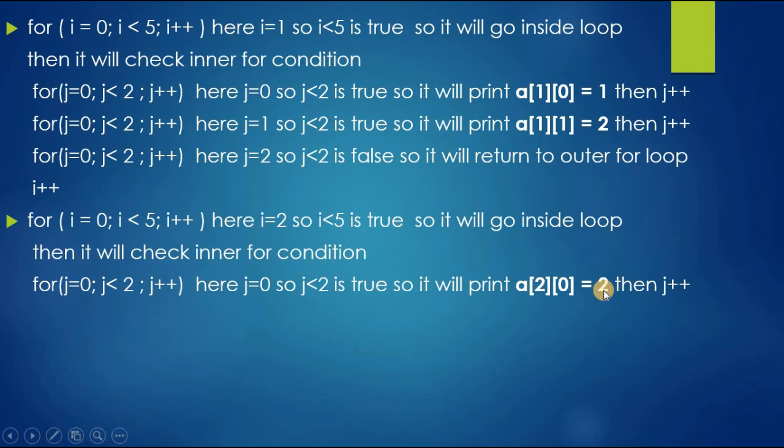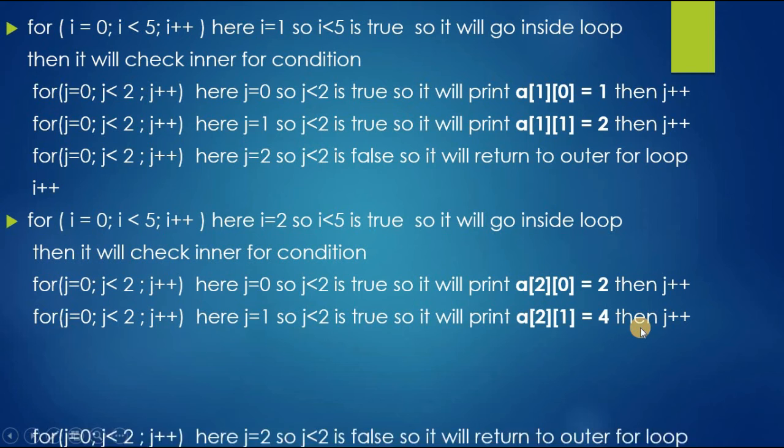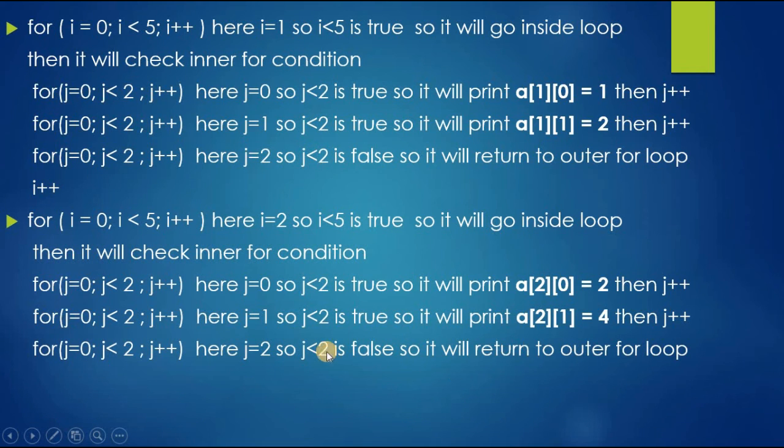So it will print 2 and then j will be incremented like that. The condition is true here, then at a[i][j], meaning the second row and first column, we got the value 4, so it will print 4 and j will be incremented. Then it will check the condition, which is false, so it will go to the outer loop again.